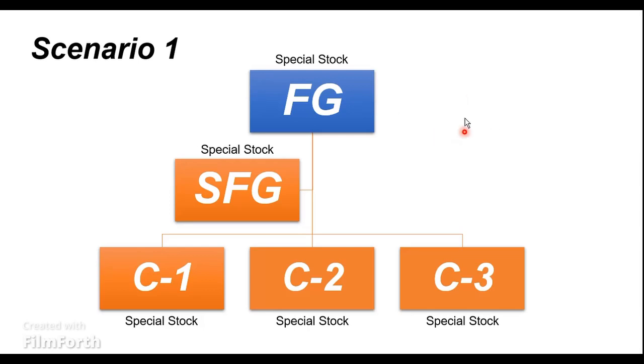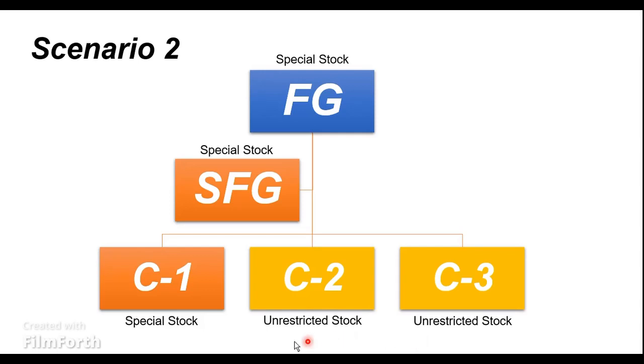So this is the standard way this works in make to order, and we are going to consider it as scenario one. So now if we go into the second scenario, in which you might have a specific condition in the plant saying that for the raw materials, I don't want to use the special stock category, but I would like to consume these raw materials based on the available quantity in the inventory, right?